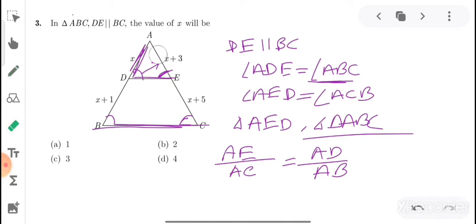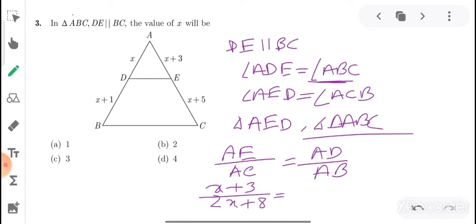Now we just put the values. AE means x plus 3, AC means x plus 3 plus x plus 5. Then after summation we get 2x plus 8. AD means x and AB will be 2x plus 1.